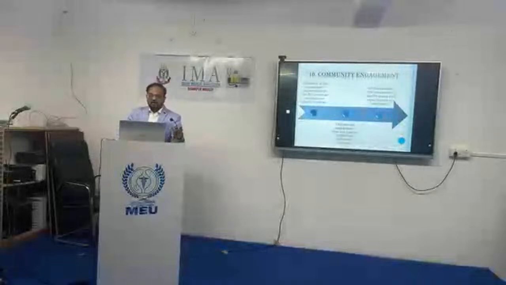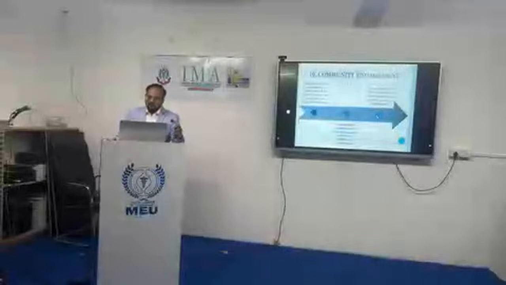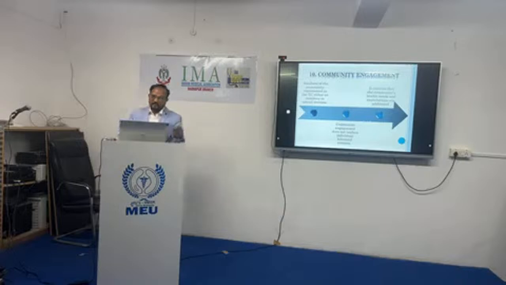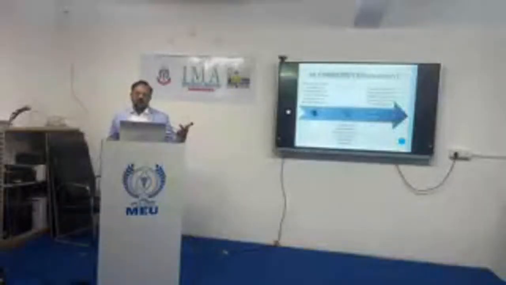But if we are involving the community, then informed consent should also be taken. There is no excuse to exclude informed consent. Members of the community can be represented in the ethics committee as members, or they can be special invitees.